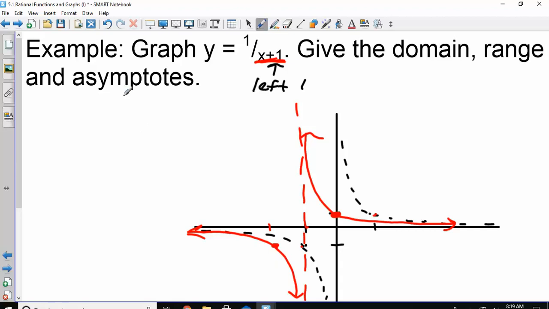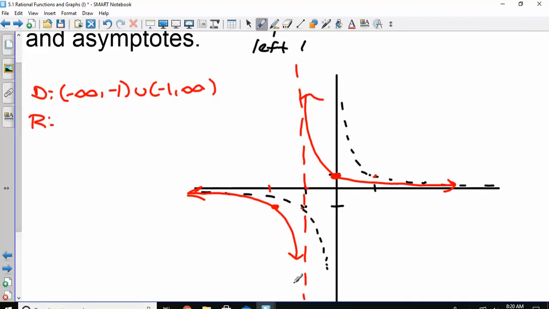My domain, we can get it either looking at the function or looking at the graph. What's the one value x can't be? Negative 1. So our domain is negative infinity to negative 1, union negative 1 to infinity. The range is my y. If I look at my graph, what's the one value we didn't hit? 0. We had a horizontal asymptote right here.